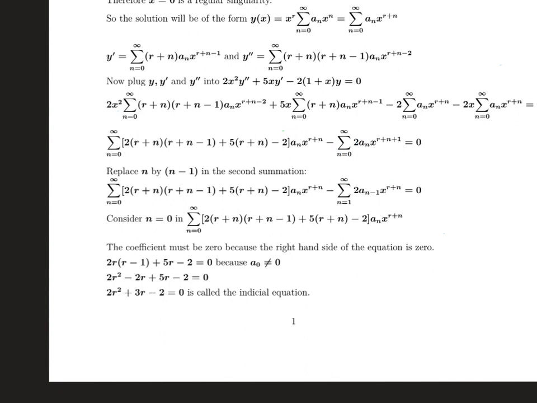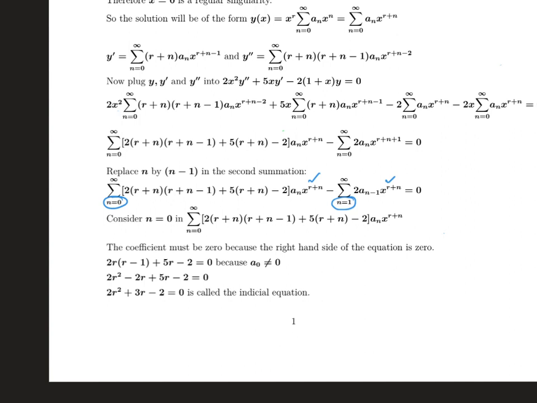Now, please note that the power of x in the first summation is r plus n, and the power of x in the second summation is also r plus n. So we are good. However, there is a catch. This n starts from 1 and this n starts from 0.